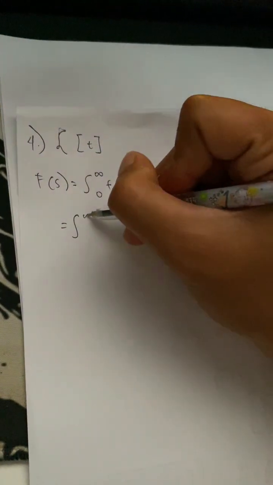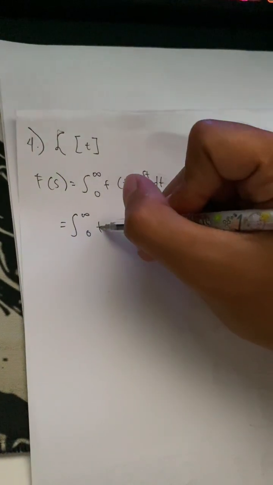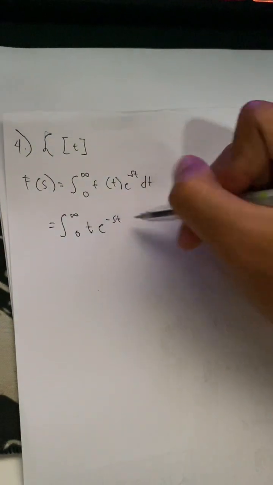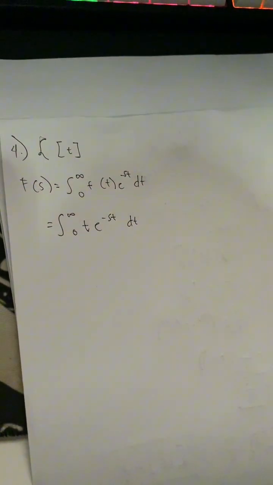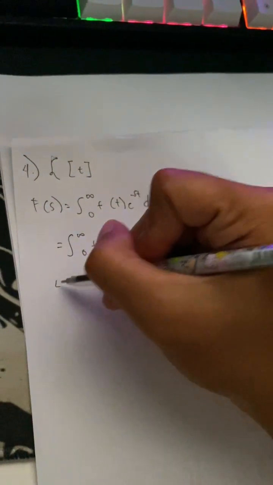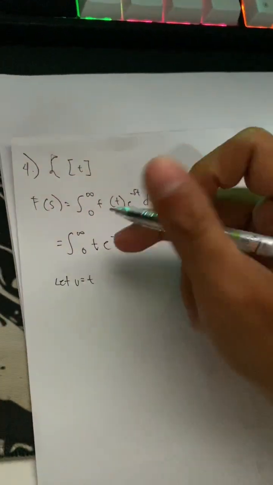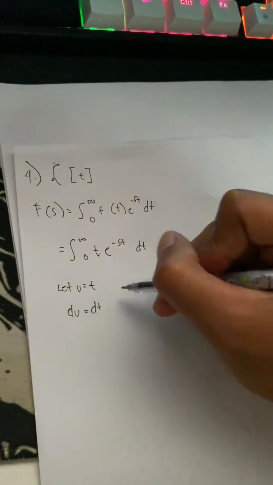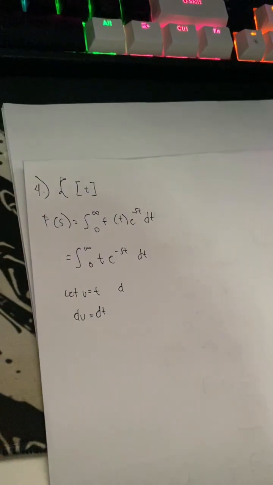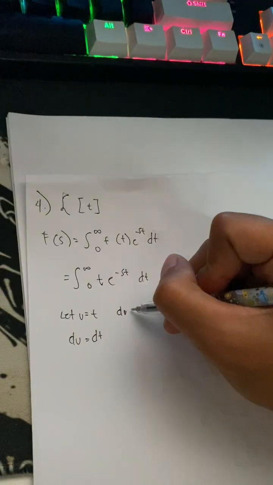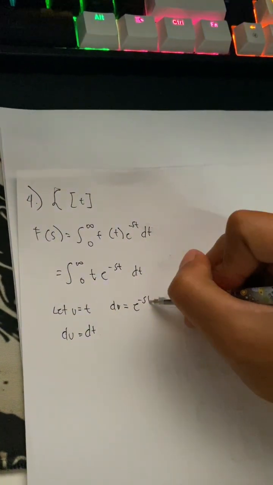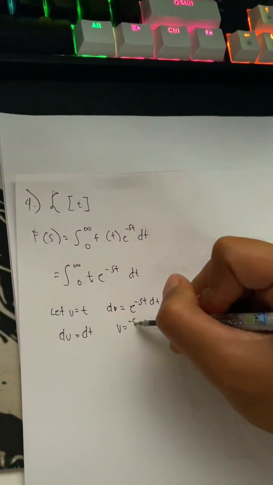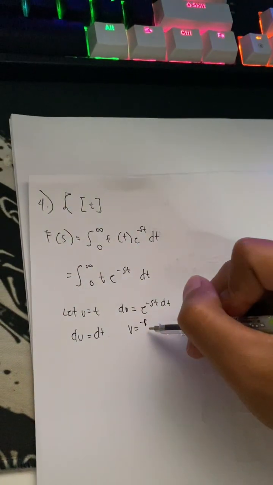We have the integral from 0 to infinity of t multiplied by e raised to negative st. In order for us to get these two together, we need to recall integration by parts. The priority for u is logarithmic, inverse, algebraic.